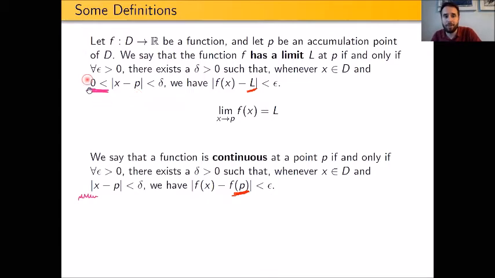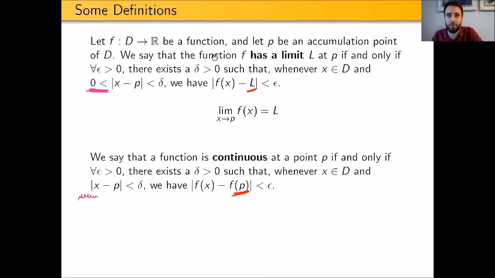And so up here, we don't actually want to consider what's happening at x equals p. That's not true in the case down here, right? So down here, we're just saying that we're taking any x value that satisfies |x - p| less than delta. And that could possibly include, in fact, it should include p itself, right? Because p minus p is 0, which is certainly less than delta.